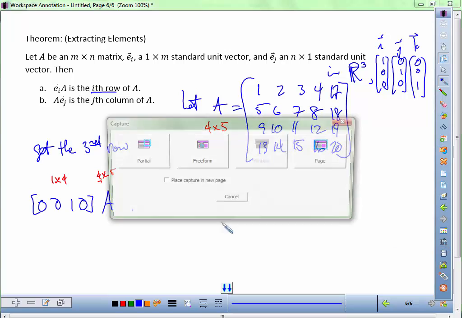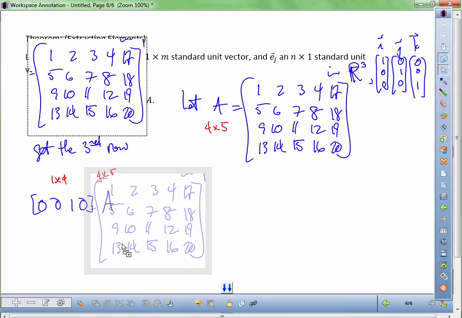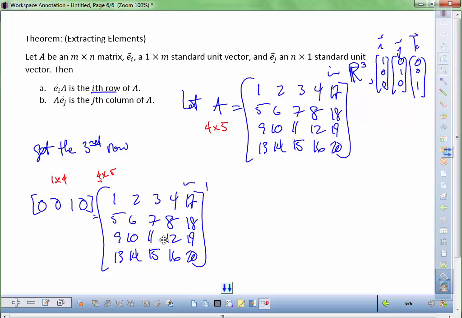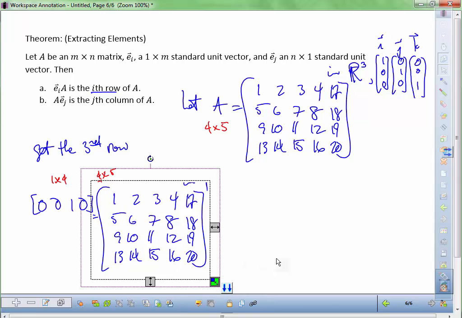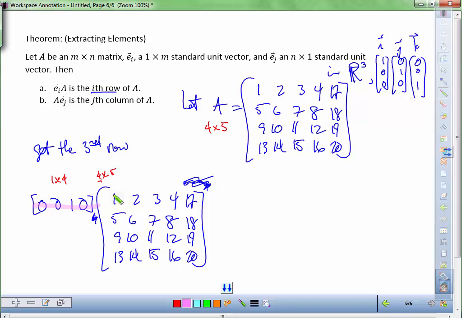So this is my matrix. If I do the multiplication, I would get my row times column business.